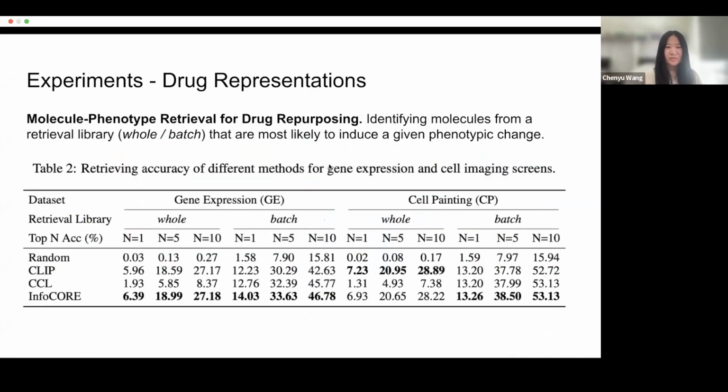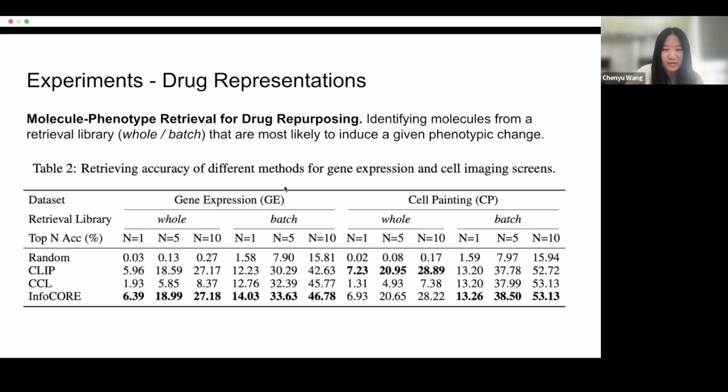And then we do some experiments on real drug screening data. We use 2 types of drug screening data. One is gene expression, where we use the LINCS dataset. And the other is cell imaging, and we use the Cell Painting dataset from Grade 2017.